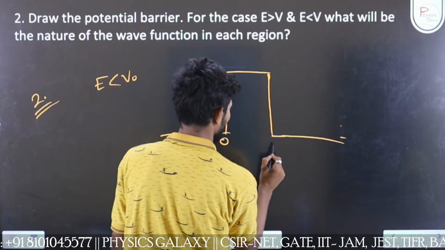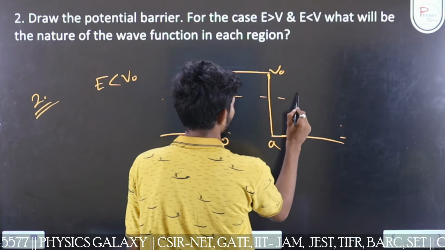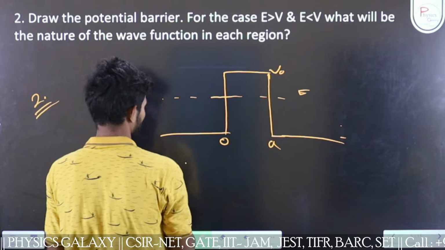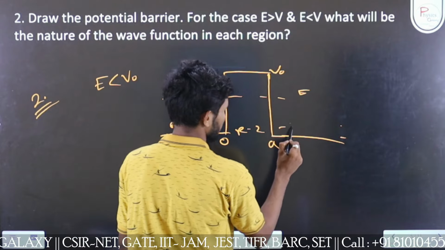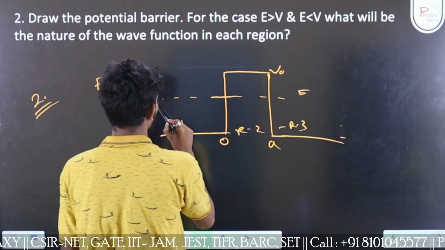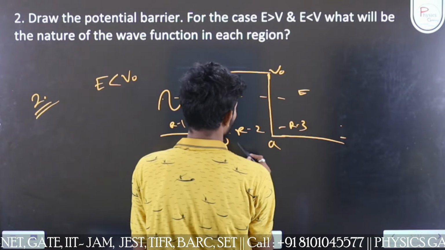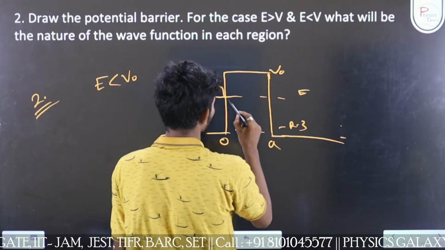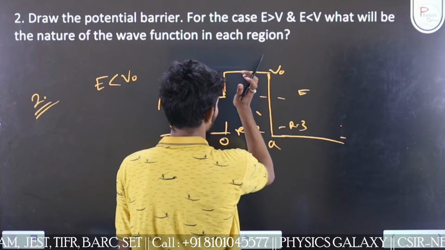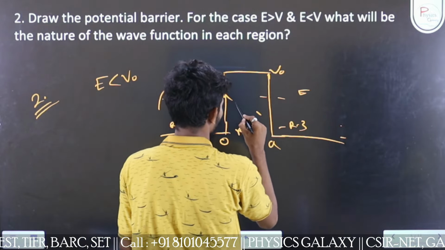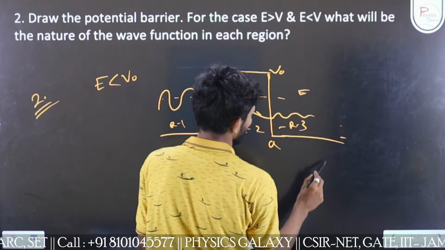This is from 0 to a, this is V naught, and the energy level is E. This is region 1, region 2, and region 3. In region 1 the wave function is oscillatory, and for energy less than V naught in region 2 the wave function will be exponentially decaying. In region 3 it will again be oscillatory because there is no potential.